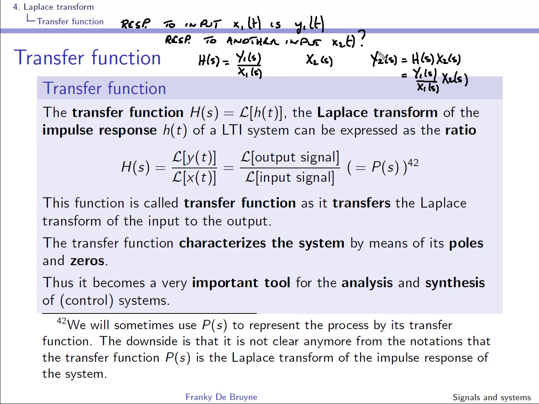And once we have y2 of s, we can obtain the response by simply using the Laplace inverse transform of y2 of s. And this is the way you proceed. This is exactly using what is given here in this slide.